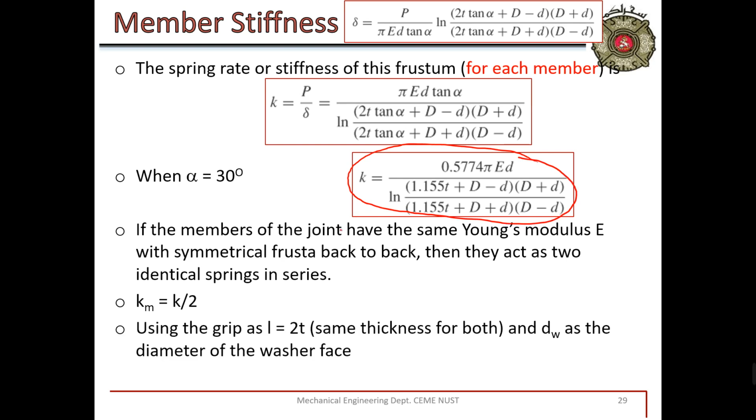Then there are some cases. If T1 is equal to T2, then there will be only two frusta.